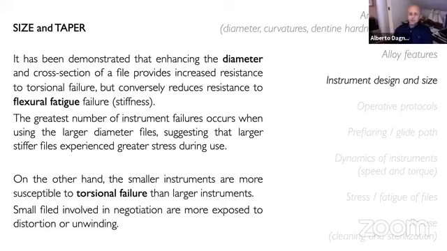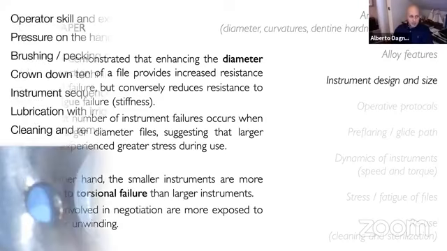increase the diameter and the taper according to the root canal anatomy without exceeding the dimension of the file, because we don't want to expose the file to the risk of separation inside the root canal.